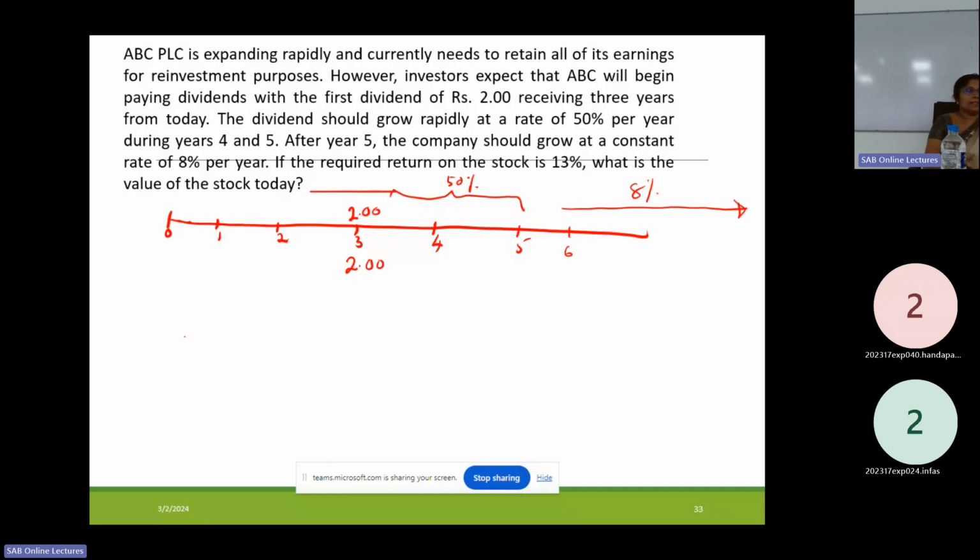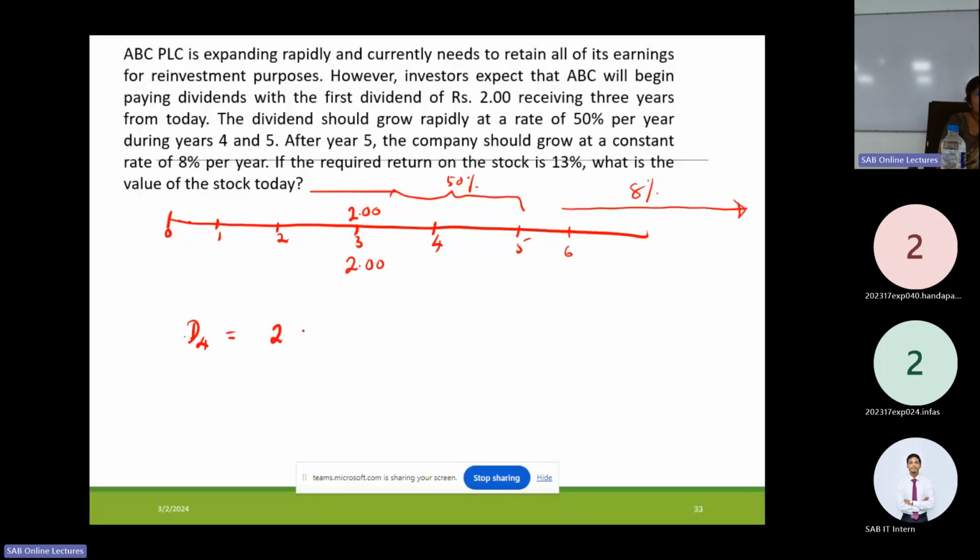So you can calculate dividends from year 3 to 4. Dividends are growing at 50%. So D4: 2 rupees should increase by 50%. So 2 into 1.5. So how much is D4? D4 is 3 rupees, no?